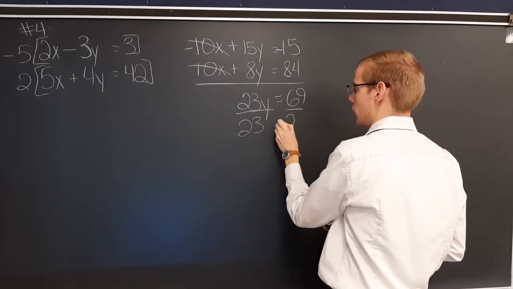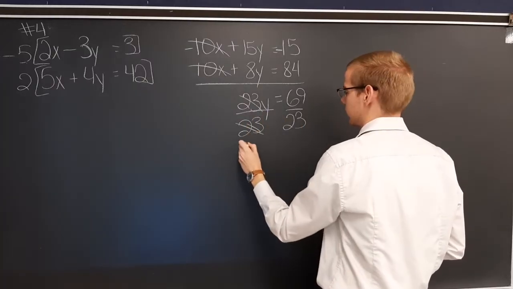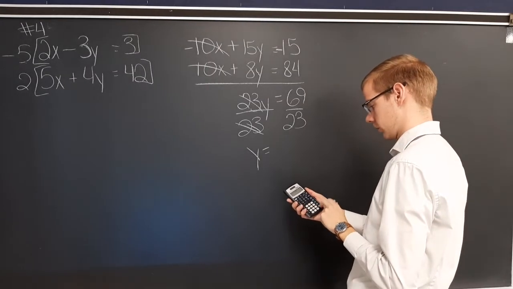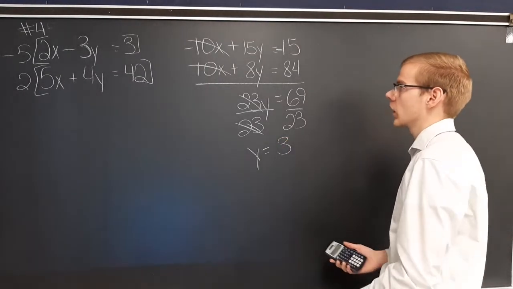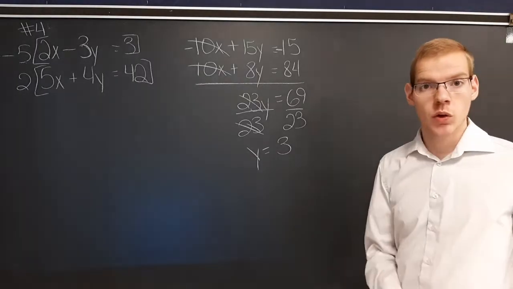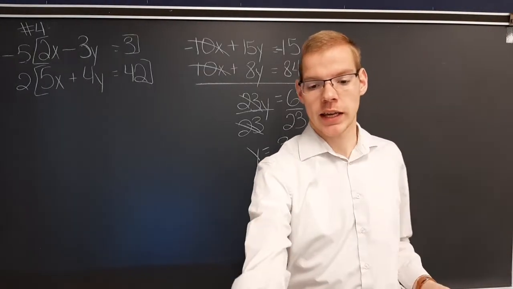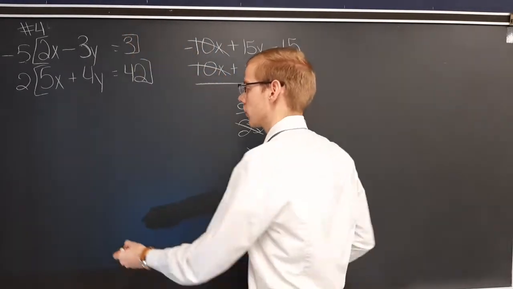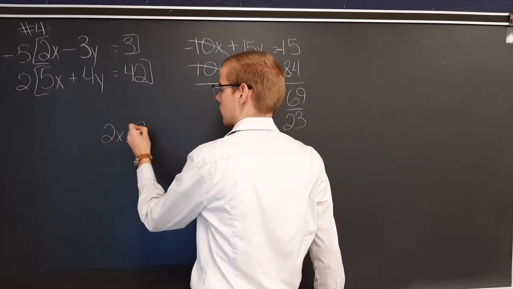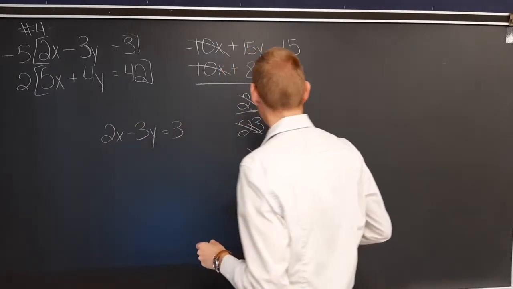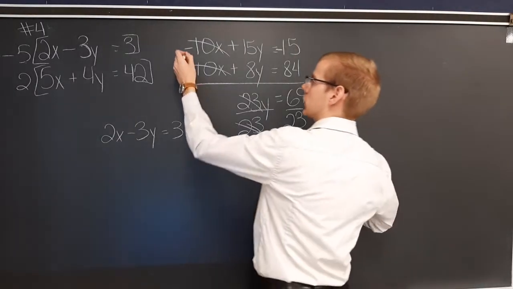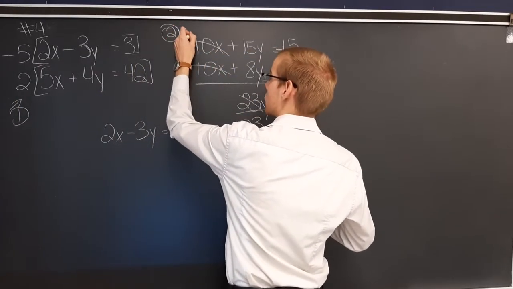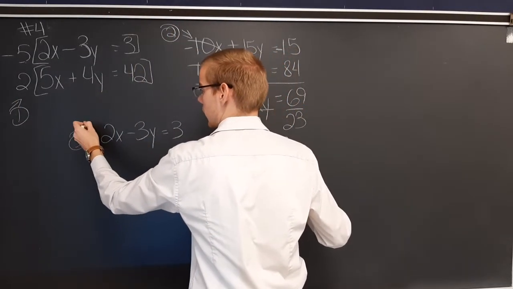Divide both by 23. Y equals 3. Yep. Now, once we're done this, we go over to the same thing as we did in the other one, which was we take the first original, 2x minus 3y equals 3, and now, so I'll write step number 1, step number 2, and step number 3.